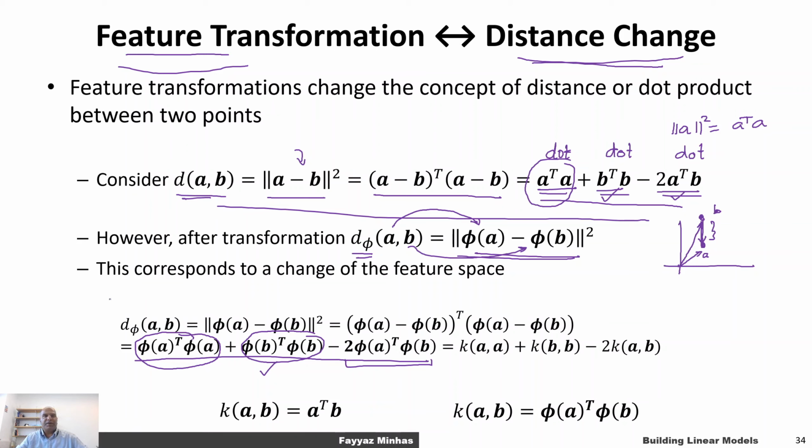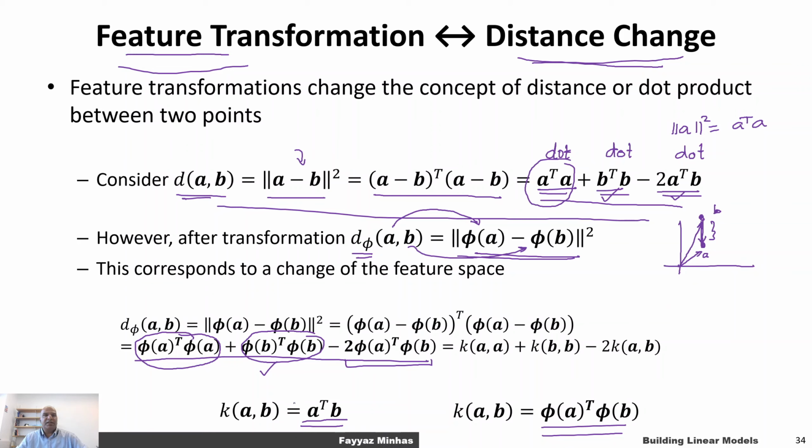Let's say instead of defining dot products the way we typically do as A transpose B, I change the definition of dot products like this one, so that first I apply a transformation of A and then take a transpose, and then I do the same thing with B. Then the distance is going to change.